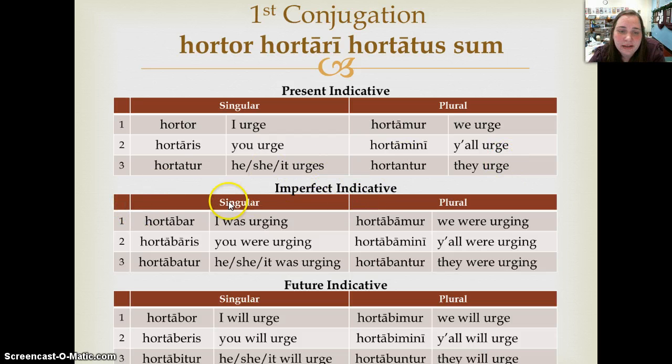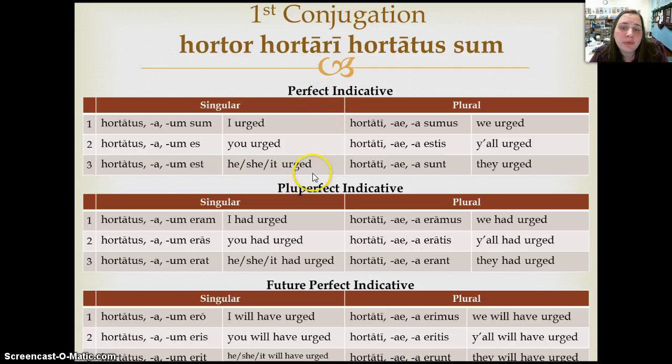The imperfect indicative, hortabar, hortabaris, hortabatur, hortabamur, hortabamini, hortabantur. And then the future, hortabor, hortaberis, hortabitur, hortabimur, hortabimini, hortabuntur. So the perfect, pluperfect, and future perfect indicative are going to use the fourth principal part as you expect because they're going to look like regular passives, still translating actively.